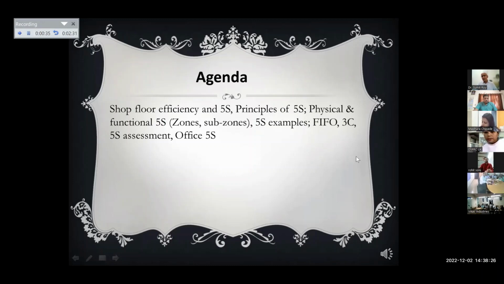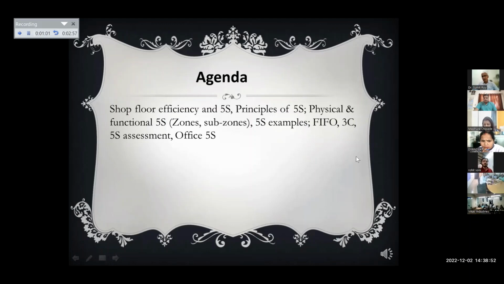Is it something really important, or is it because they are all around? So the agenda of today is shop floor efficiency and 5S, principles of 5S, physical and functional 5S, zones, subzones, 5S, some examples, FIFO, clean, clear, count free, that is nothing but 3C.